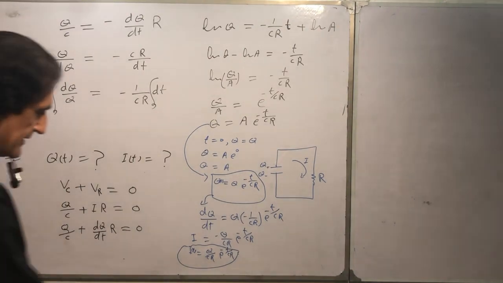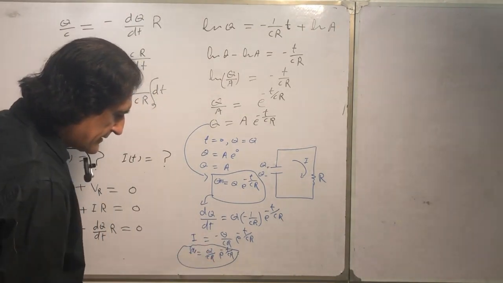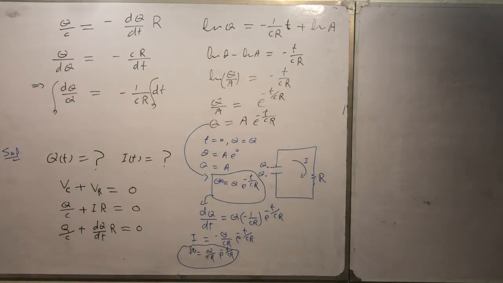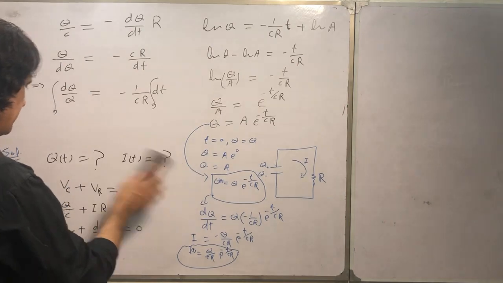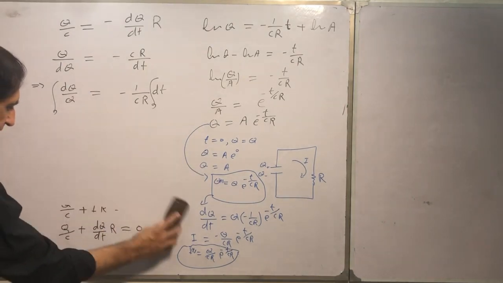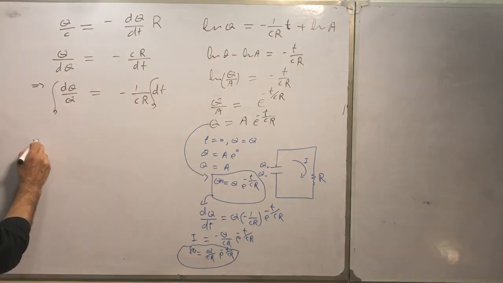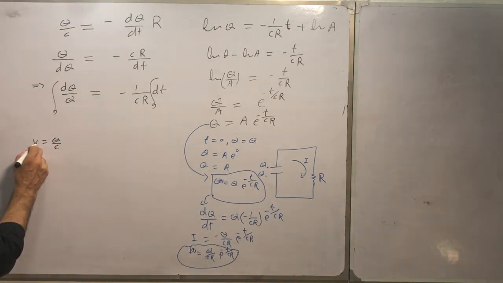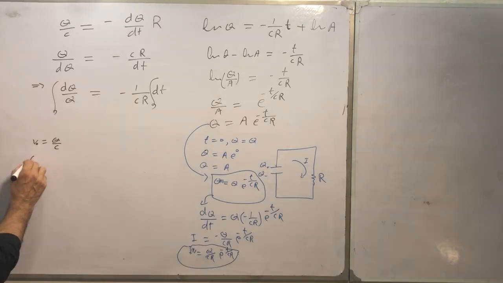And q naught divided by r, if I write it down: V is equal to q divided by c. If the potential is V naught, then q naught is equal to c V naught.